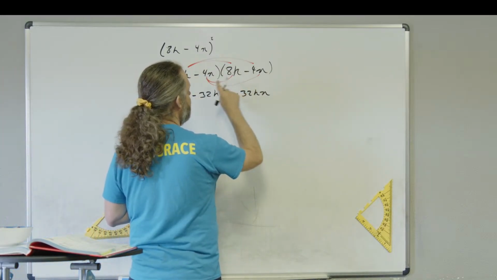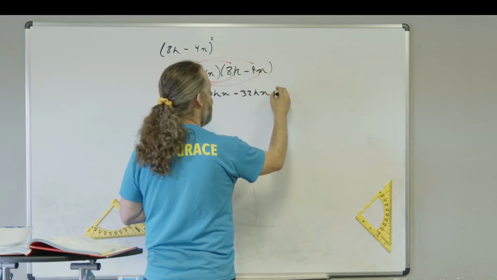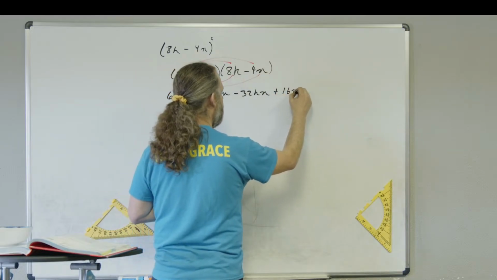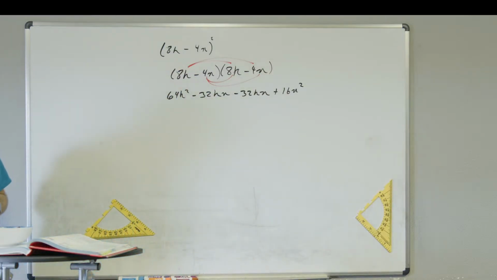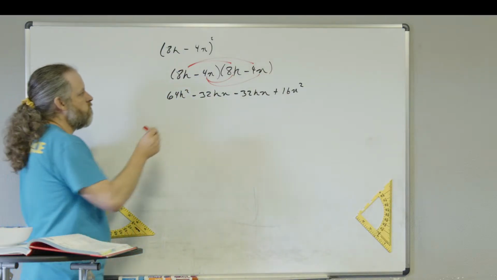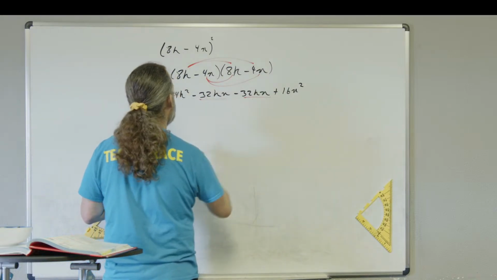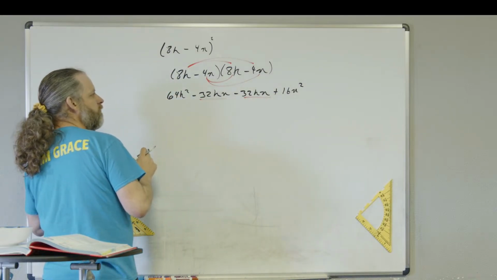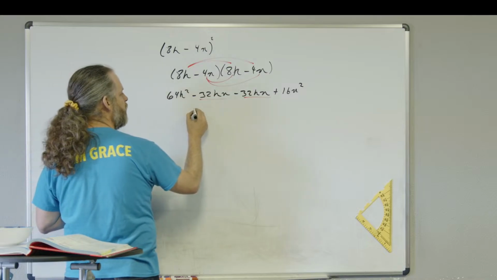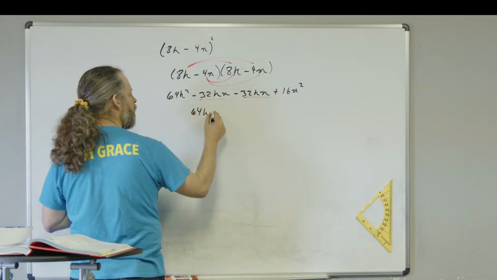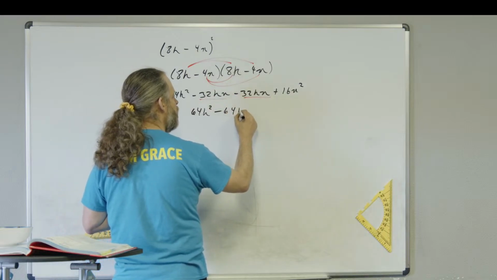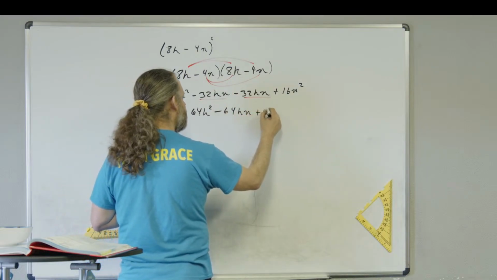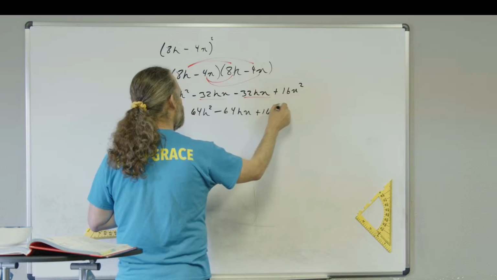Positive. Negative times negative is positive 16n squared. Now what? Like terms, where are they? No, they're both negative 32. Negative 64hn plus 16n squared.